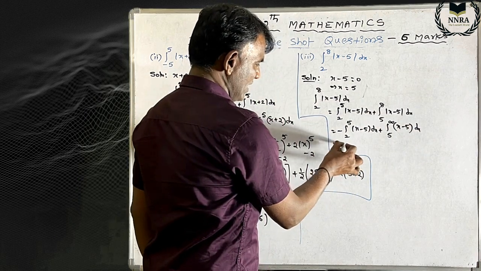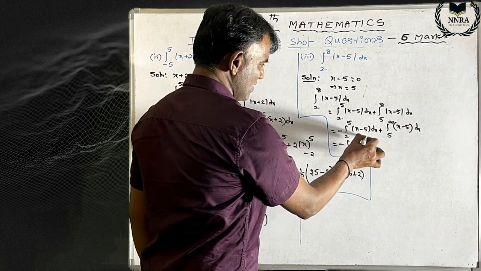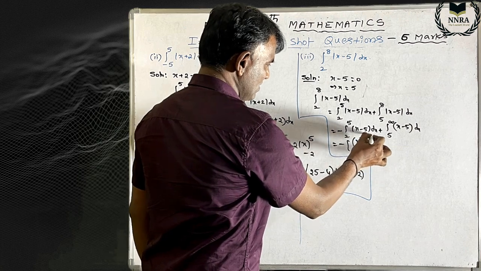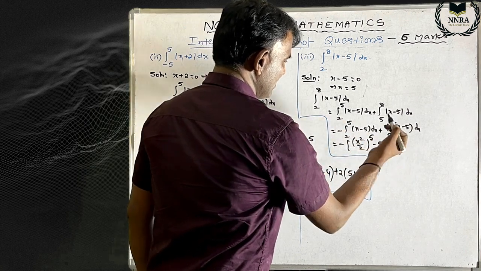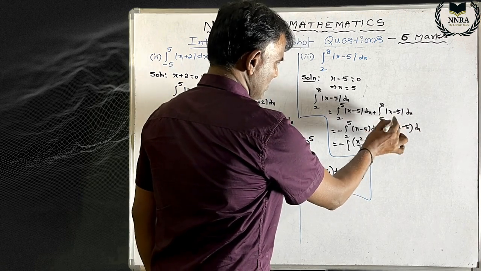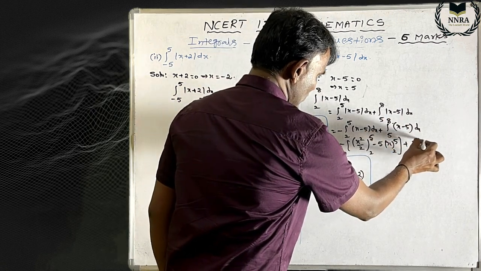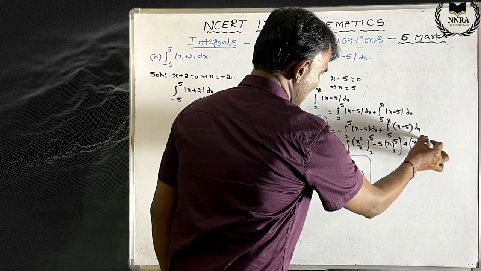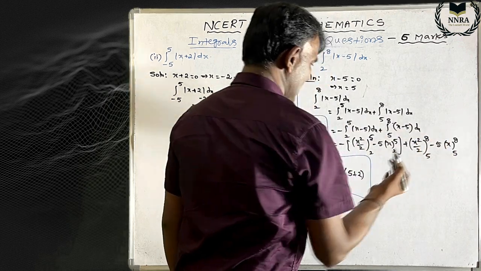Now see, minus of integral x dx is x square by 2, limits are 2 to 5, minus 5 into x again 2 to 5, right? Now it is x square by 2, limits are 5 to 8, 5 into x again 5 to 8.